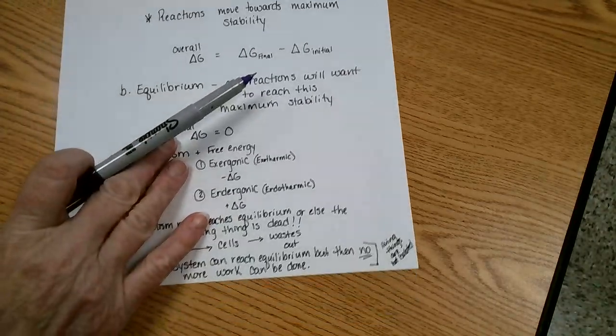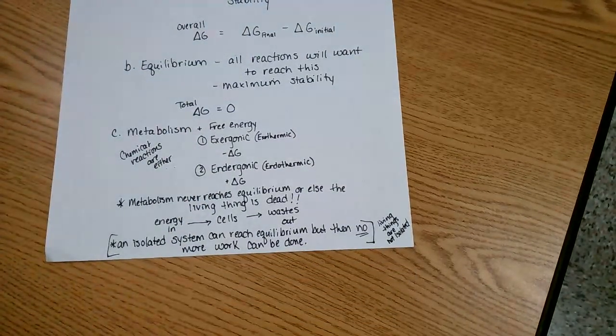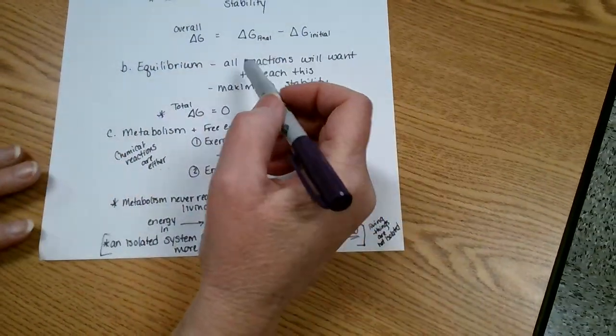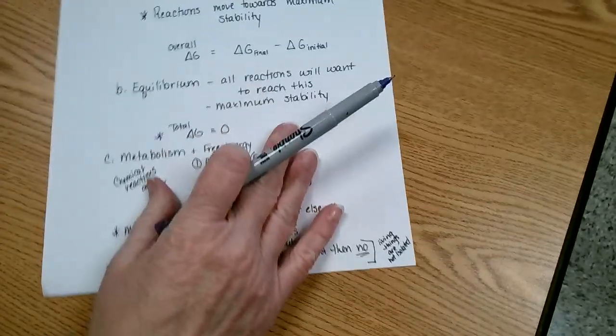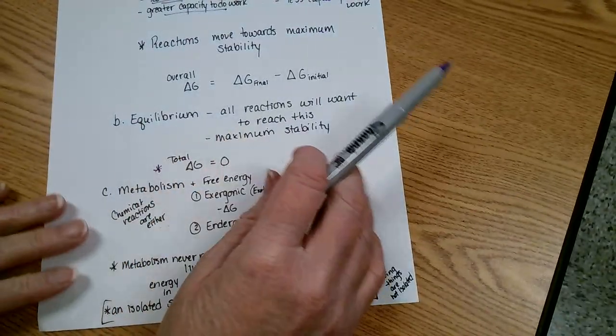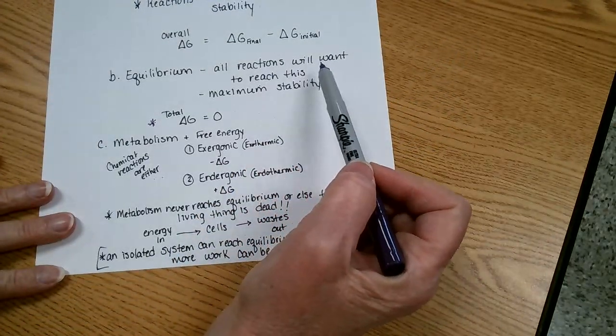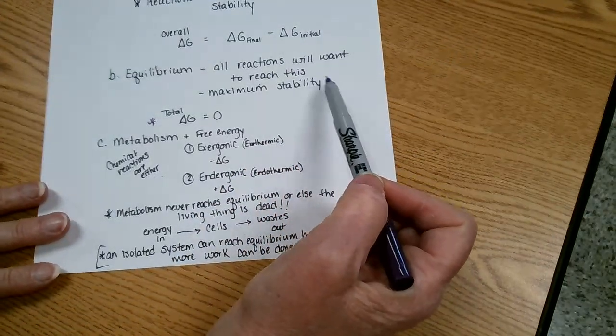So we're all the way down at the bottom here, and we're talking about equilibrium. Well, we already mentioned equilibrium is definitely going to be a total delta G of 0. Okay. That's what this is saying right here. We know that. But we mentioned before that reactions have a tendency to move towards maximum stability. Well, all reactions will want to reach this maximum stability.